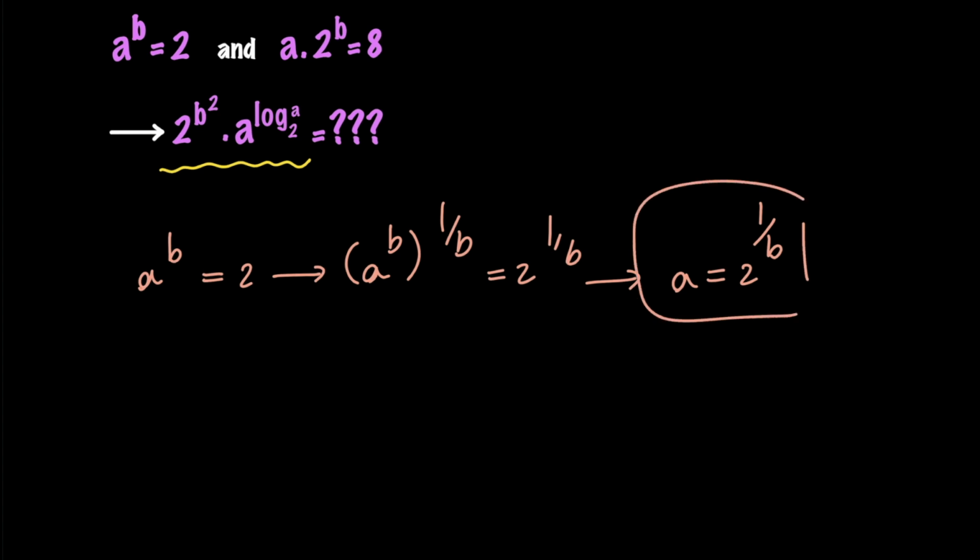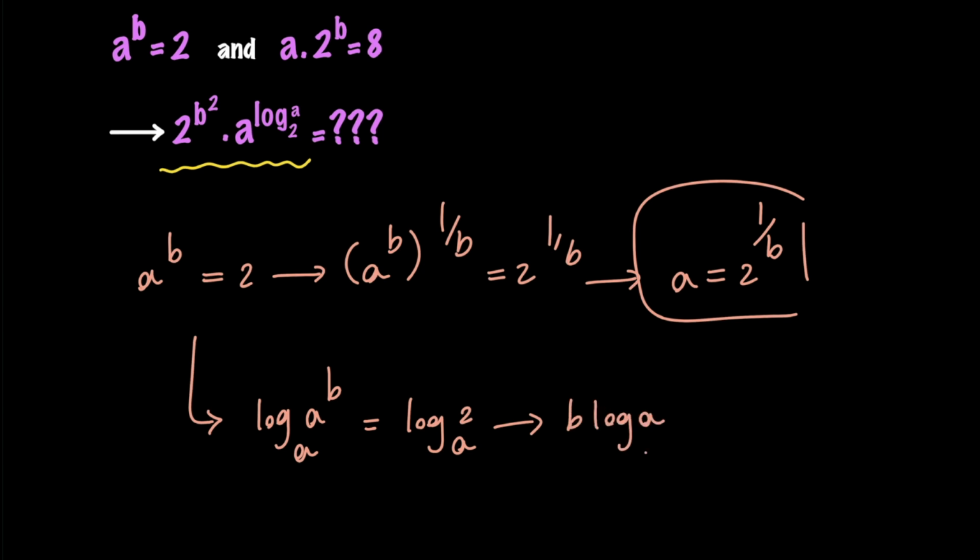Great. Next, I'm going to take the log of both sides with base a to get log of a to the power of b with base a equals log of 2 with base a. Then I'm going to use the power rule and say that b times log a with base a equals log 2 with base a.